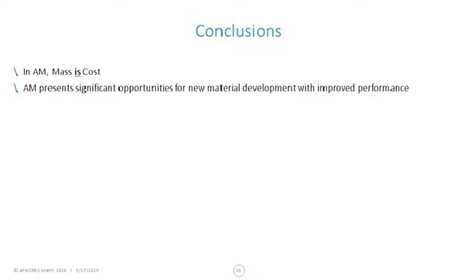That's what enabled us to develop Scalmalloy, which is loaded with scandium to give a very high strength material. With traditional processes, if you added that much scandium, you would get defects rather than high strength. It's a different process, and therefore you're going to get different material properties. There are lots of opportunities, therefore, to develop new materials.